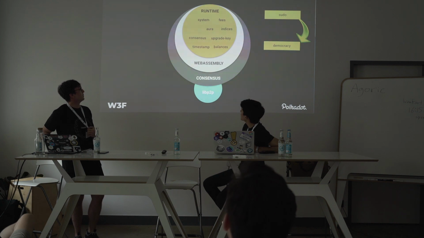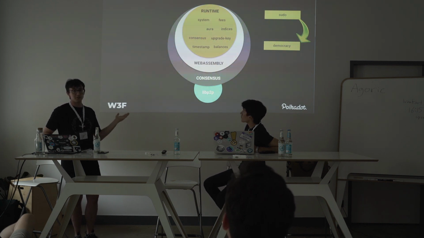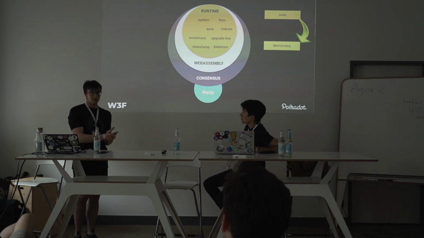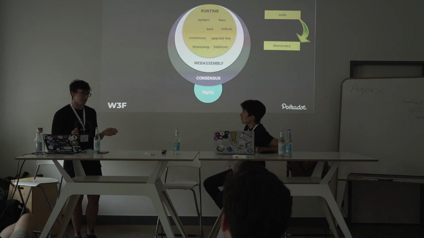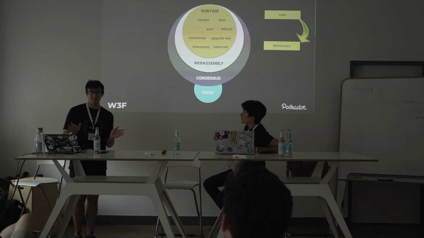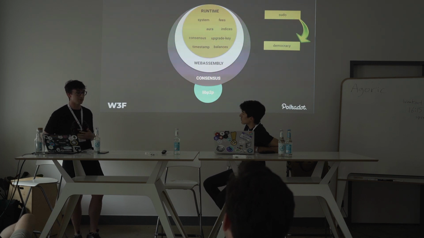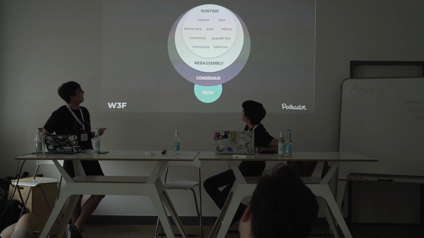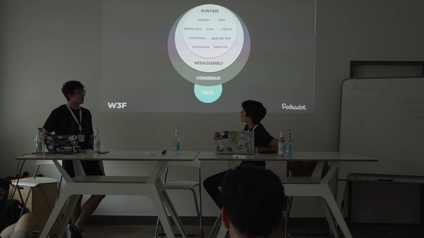How we can do that is we can basically just swap out the sudo module and put in the democracy module. And using the sudo key, the dictator can basically give power to the democracy by proposing this new WASM code. And that's basically how you can change the governance like that.